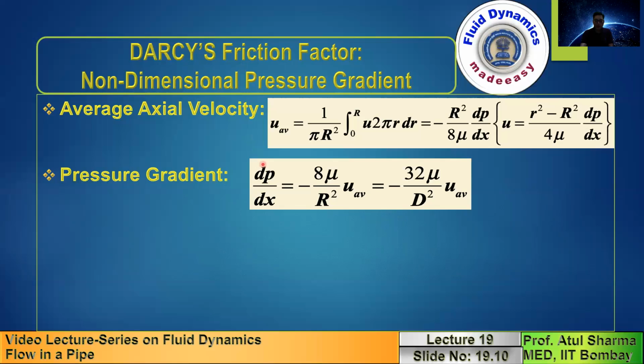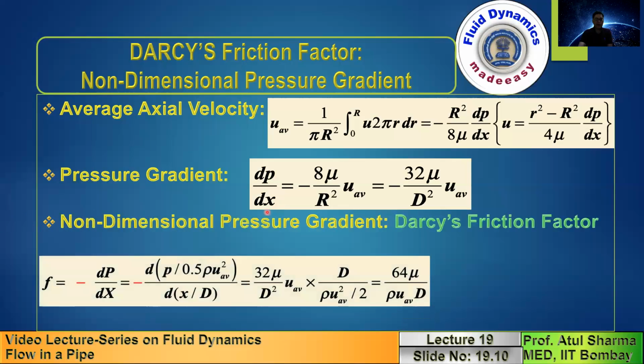Now, for the non-dimensionalization, the pressure is non-dimensionalized with respect to the dynamic pressure given by 0.5 rho u average square, whereas the actual coordinate x is non-dimensionalized with the length scale, which corresponds to the diameter. So this Darcy's friction factor is symbolically represented by small f.